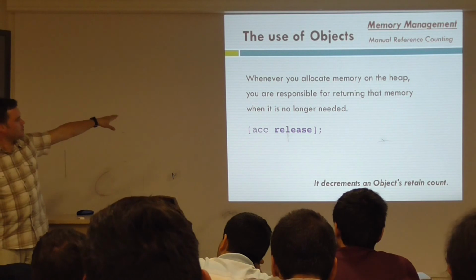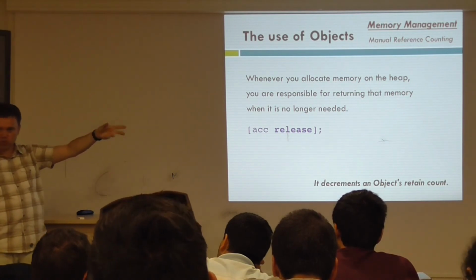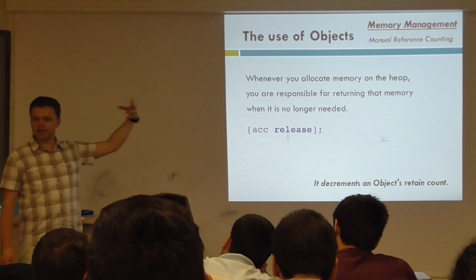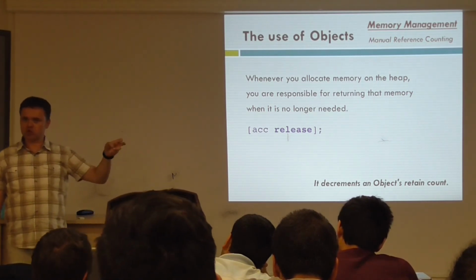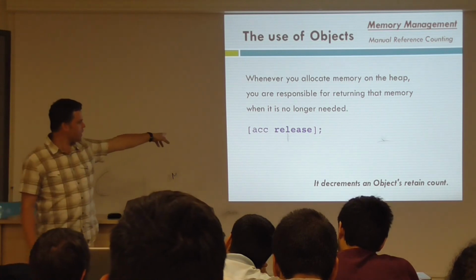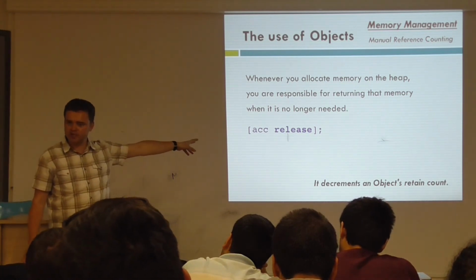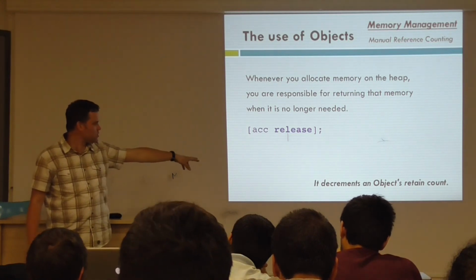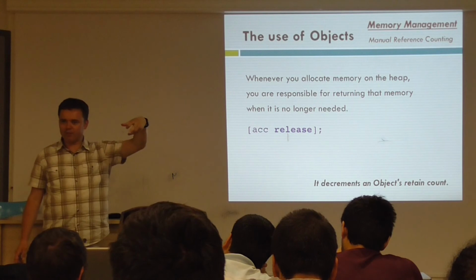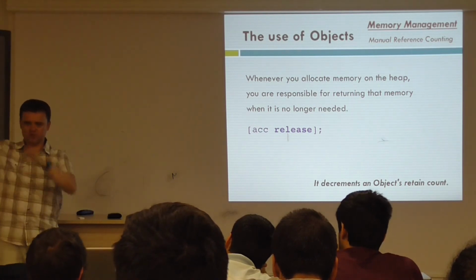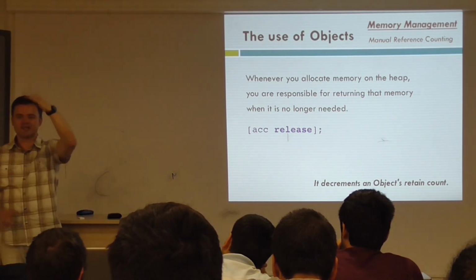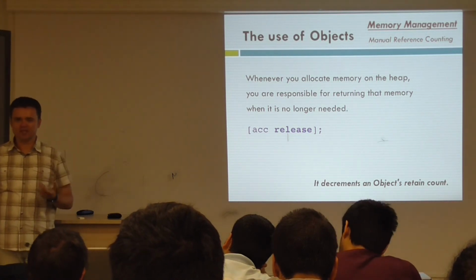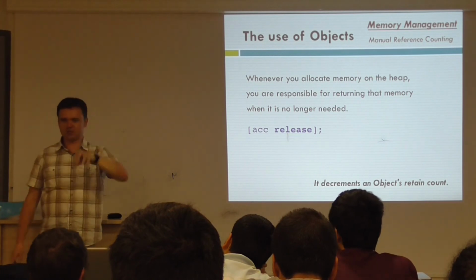If we do that, we can increase this value, and now we can release. When we don't want to use it anymore, we send the message release to this object. It decrements the number of connections to this memory. It is not exactly a reference, but looks like a reference in Java.